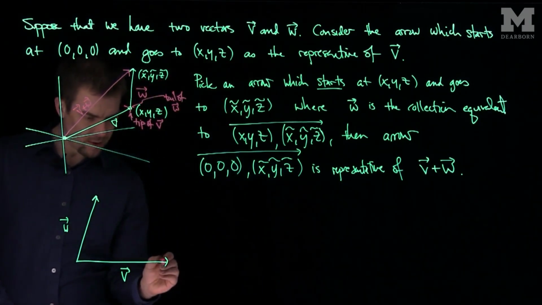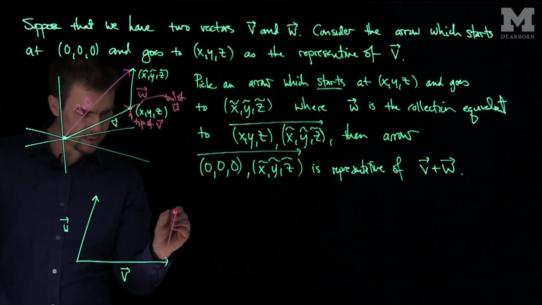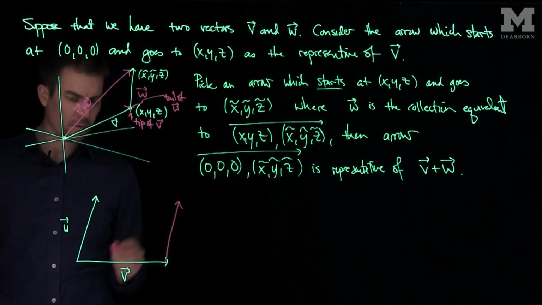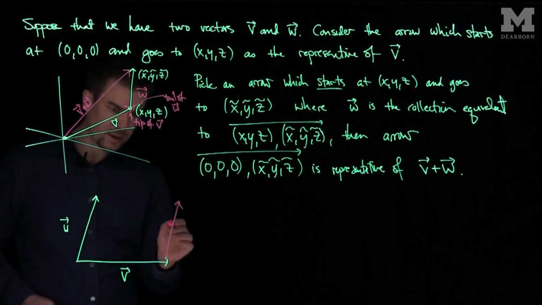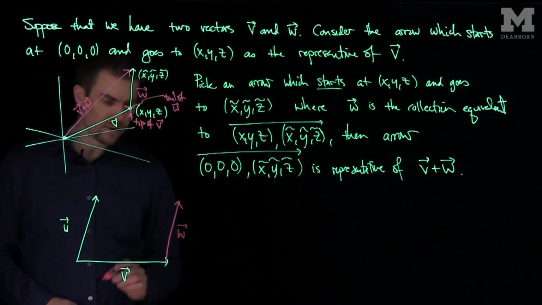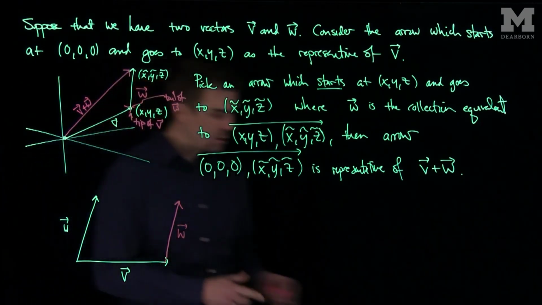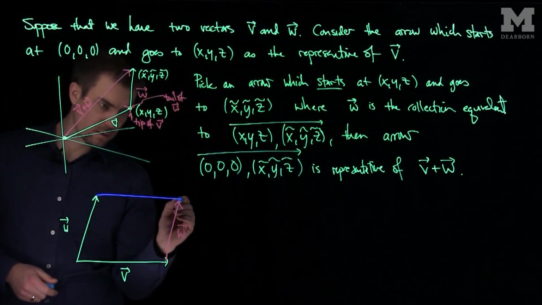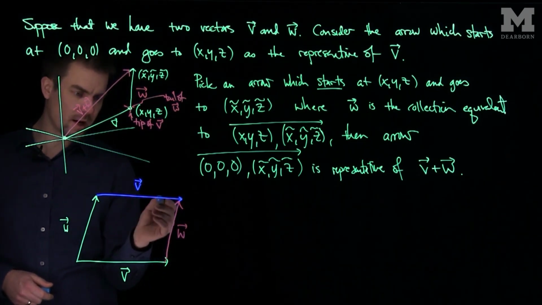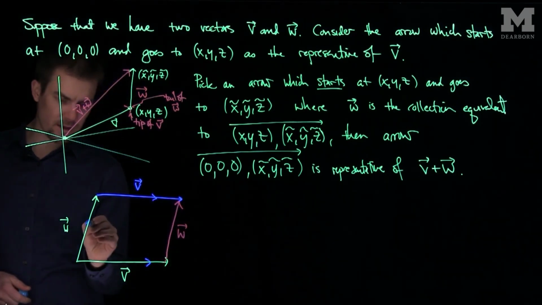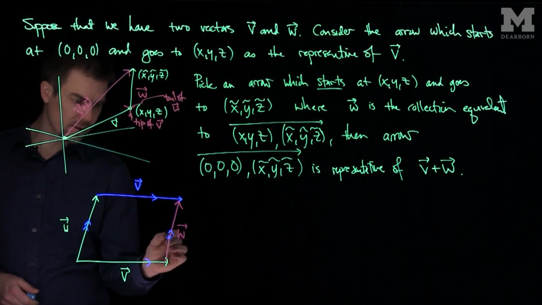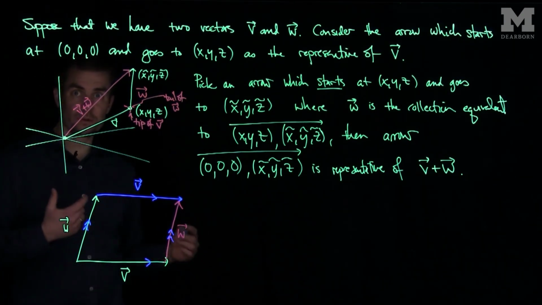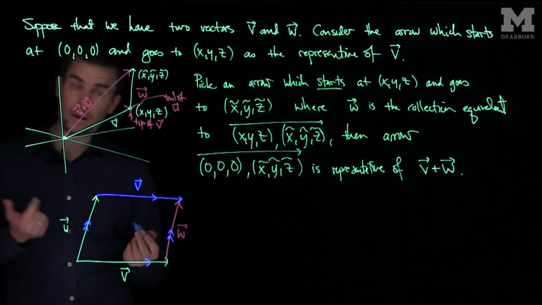If this is w, then this vector in the same magnitude and same direction, this arrow over here, is an equivalent way of representing w. So w can also be put over here in this representation. Analogously, we can put another representation of v up here, and they have the same magnitude and same direction. So this is parallel to this, and this is parallel to this. In other words, using these two vectors v and w, I can construct a parallelogram.